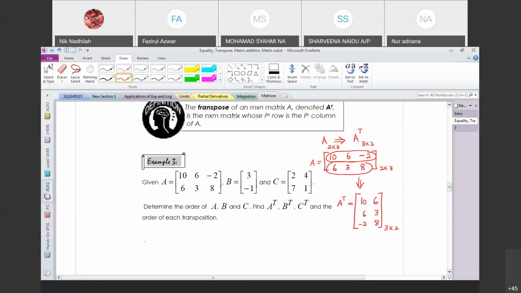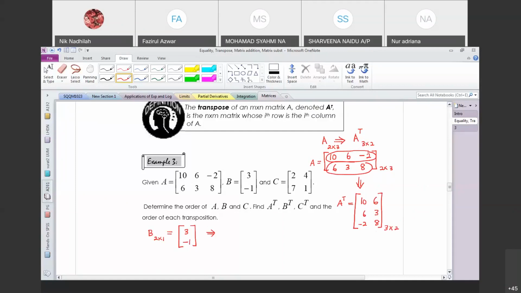Let's do it once again for B. B is 2 by 1, with entries and negative 1. As you can see, this is a column matrix.